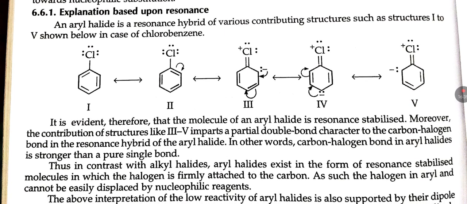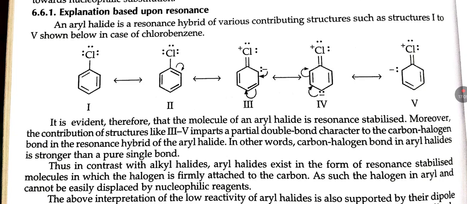Explanation based upon resonance. An aryl halide is a resonance hybrid of various contributing structures, such as structures 1 to 5 shown below, in the case of chlorobenzene. It is evident therefore that the molecule of an aryl halide is resonance stabilized. Moreover, the contribution of such structures imparts a partial double bond character to the carbon halogen bond in the resonance hybrid of the aryl halide.